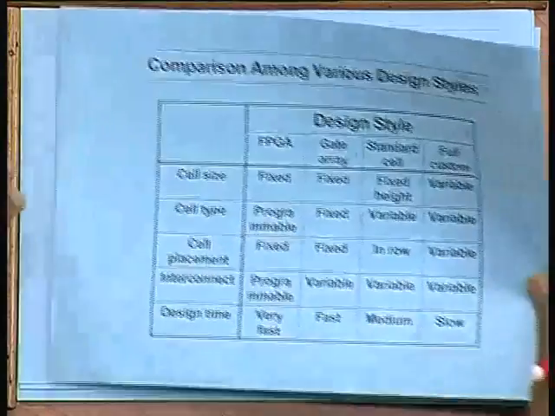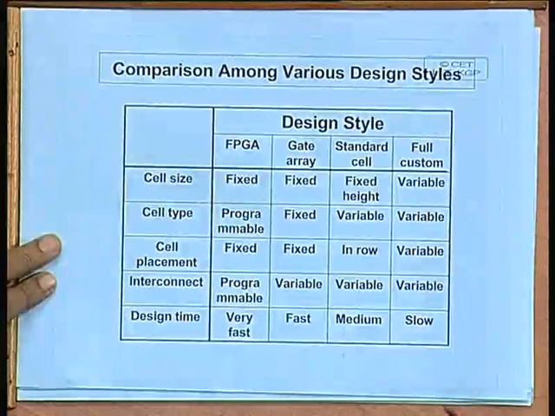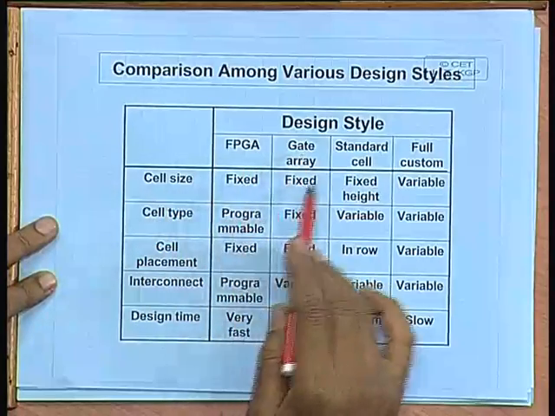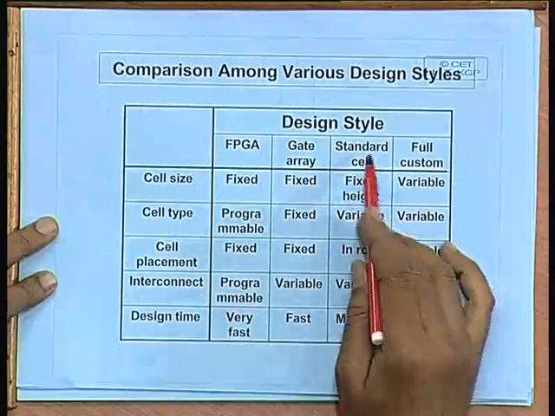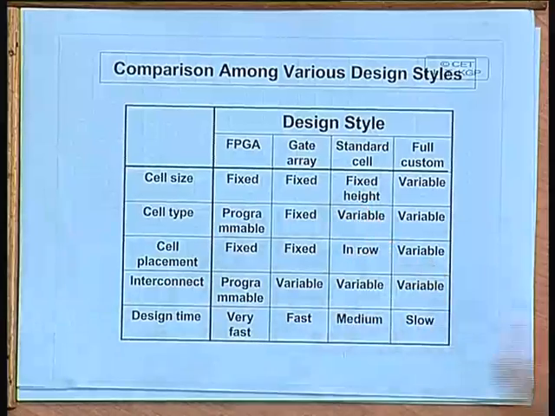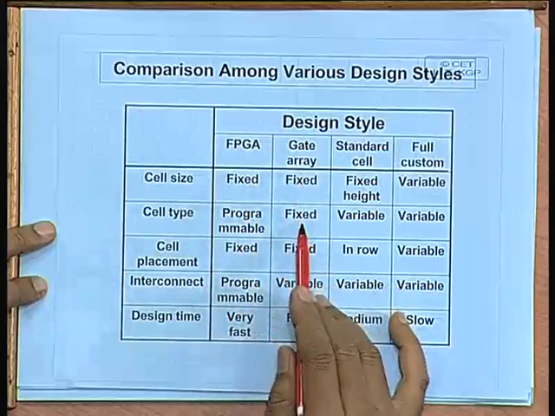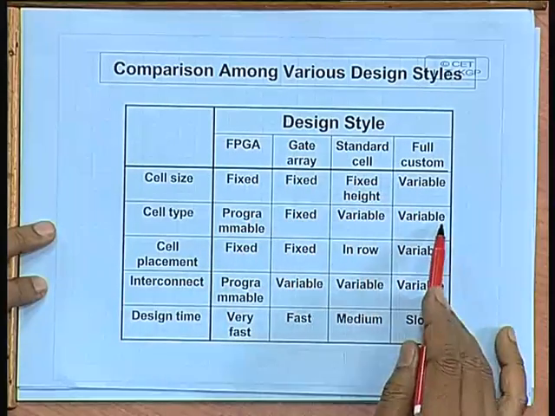So, just finally to compare between the different design styles. With respect to the cell size, for FPGA and gate array they are fixed, but for others they are variable. For standard cell they are fixed height, but width may vary. Cell type is programmable for FPGA, fixed for gate array, but for these they are variable.